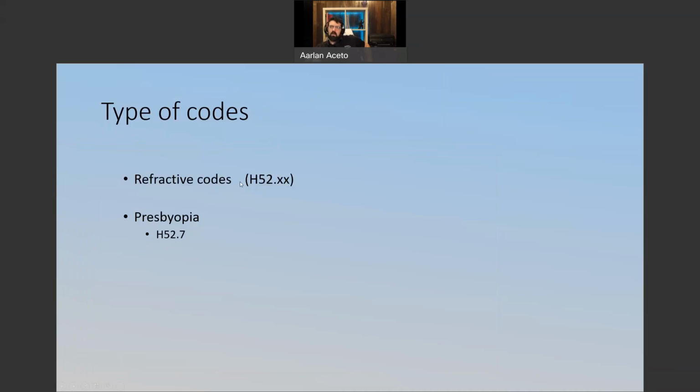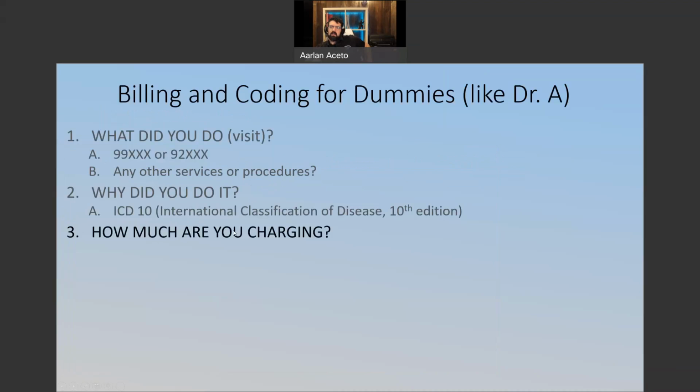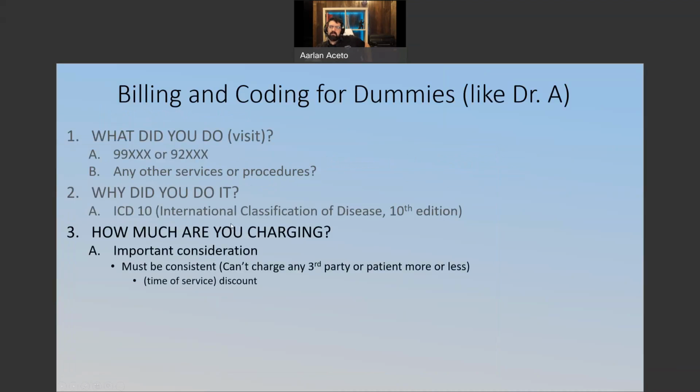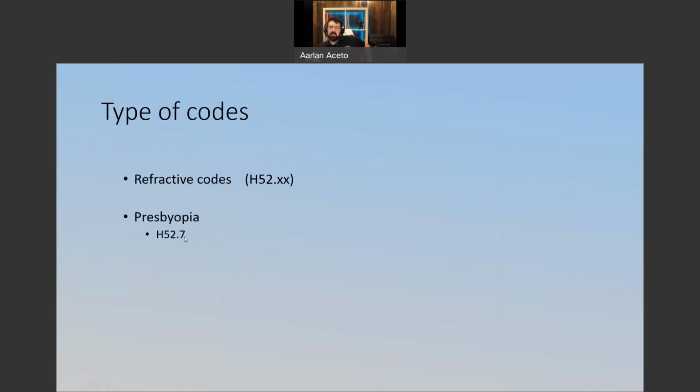And again, notice how all the codes are H52 point something, and then presbyopia should be H52.4 if I'm not mistaken. In this code, it says H52.7, but it should be 52.4. I'll double check that.